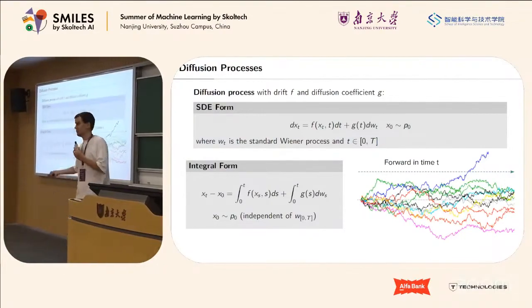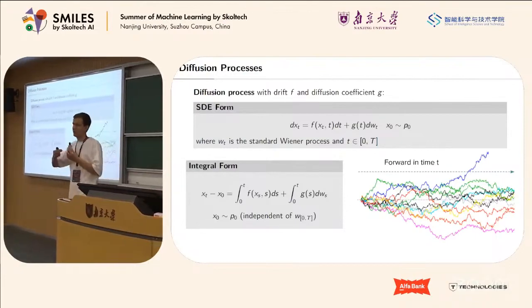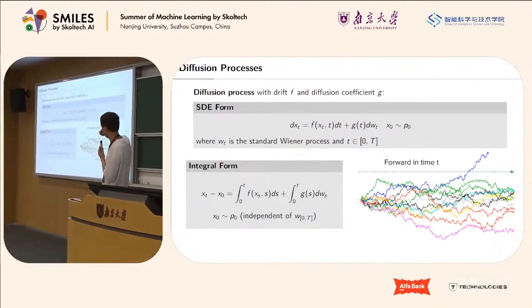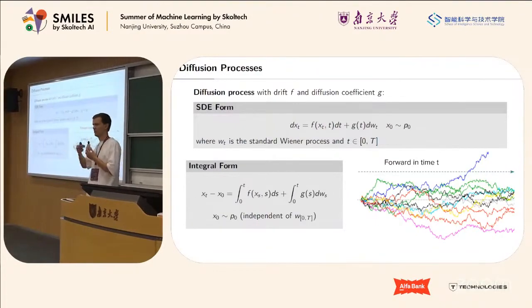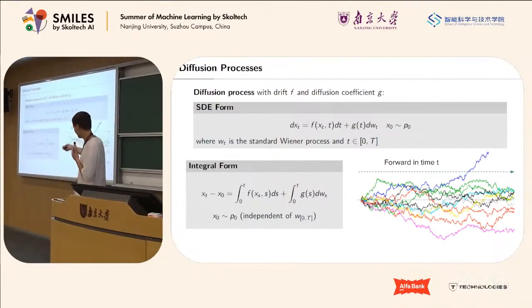What this expression means informally, I already explained: we move according to the vector field, and we input some noise into our movement process. This expression means that the initial start of the process is distributed according to some probability distribution P0. Usually this is formalized in integral form, which means that if we want the process value at time t, starting at some point x0, we just need to compute these two integrals.